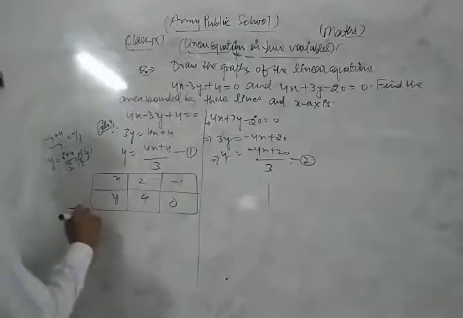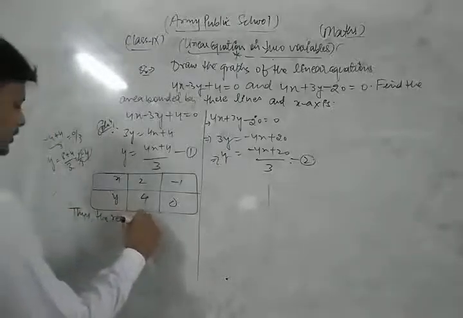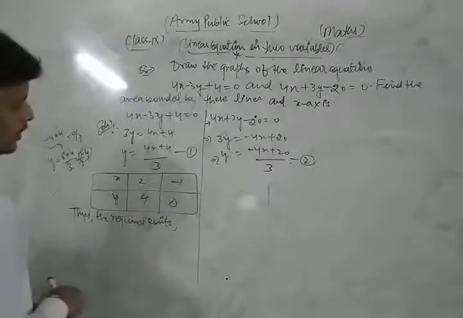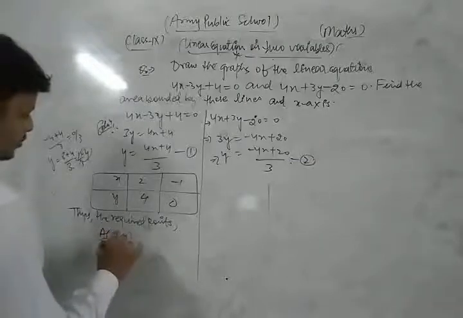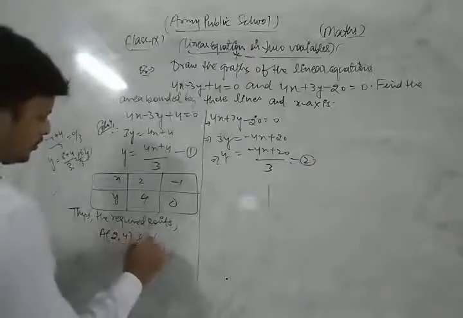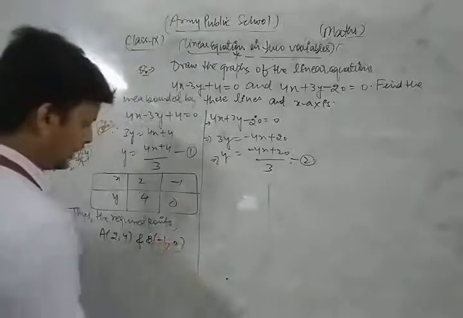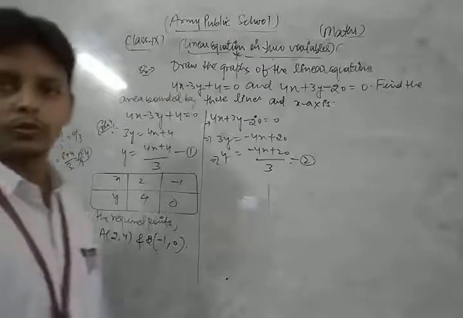Thus the required points are A (2, 4) and D (minus 1, 0).